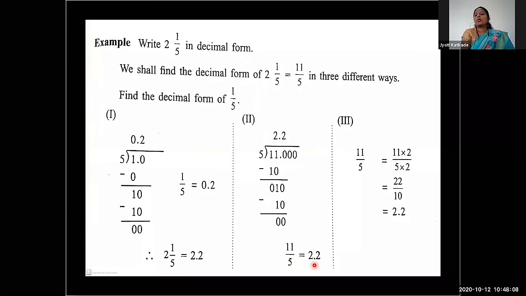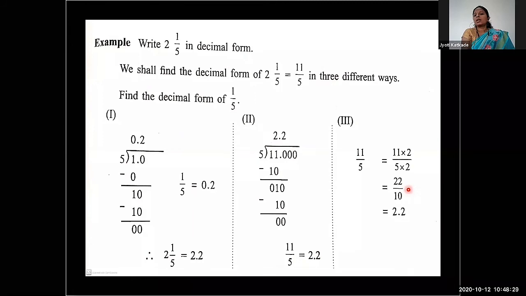Now see how we can solve this by the third method. That is 11/5. First of all, multiply both the numerator and denominator by the value 2. Then we get 11 into 2 and 5 into 2.